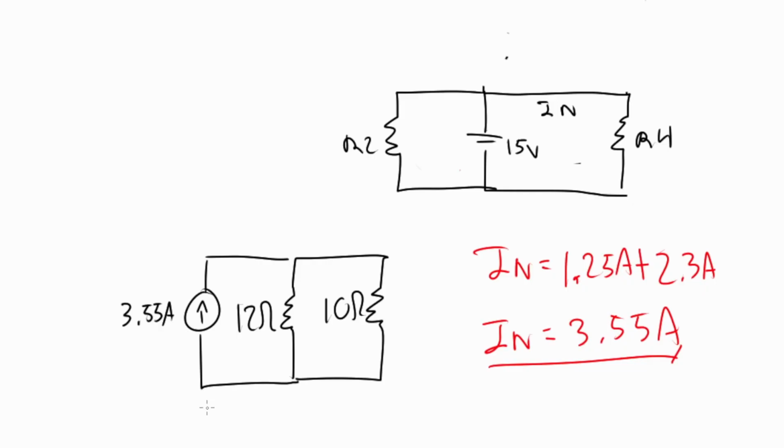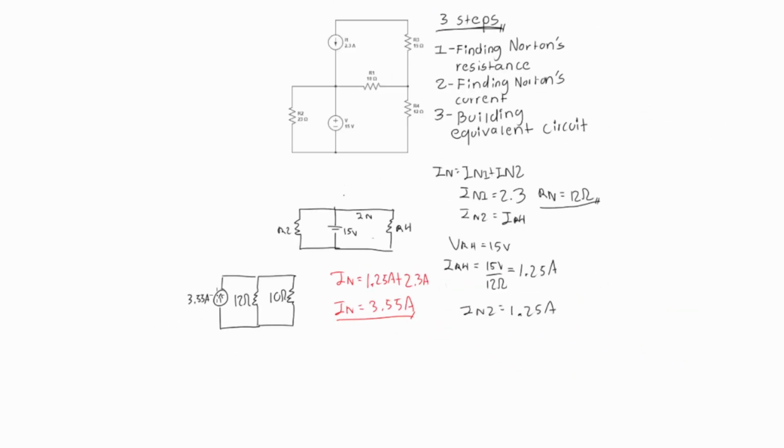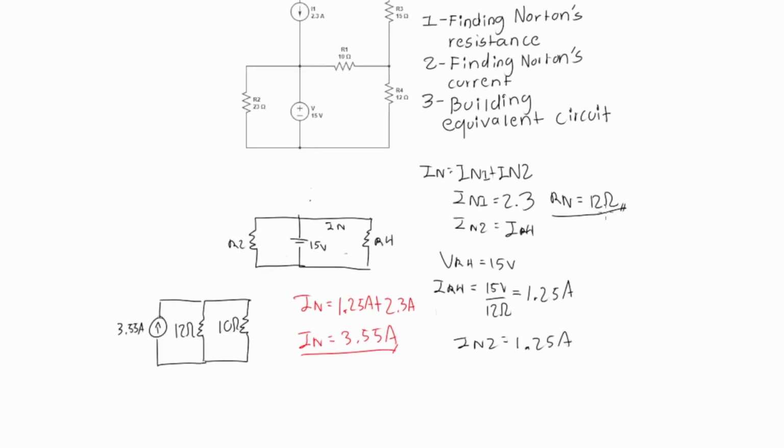And this will be our equivalent circuit, where we have a current source of 3.55 amperes, which is the current that we just found, and two resistors in parallel. One resistor is the Norton's resistance we found, which were 12 ohms, while the 10 ohms resistor is resistor 1, the resistor that we originally wanted to analyze.